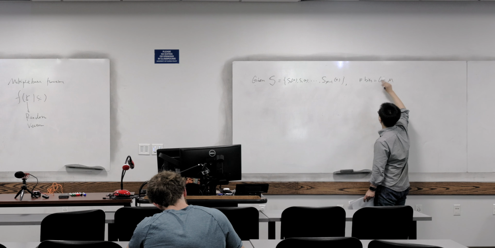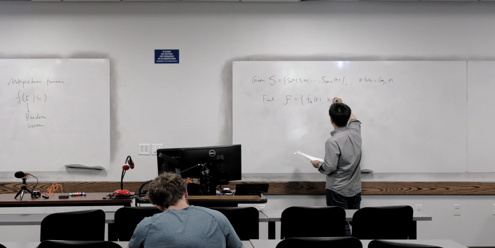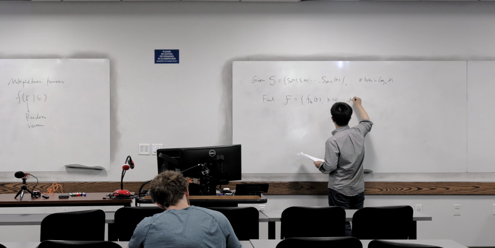Now, using the Gram-Schmidt approach, for example, we can find the basis, denoted by the set of f sub k of t, where k is from 0 up to N minus 1.